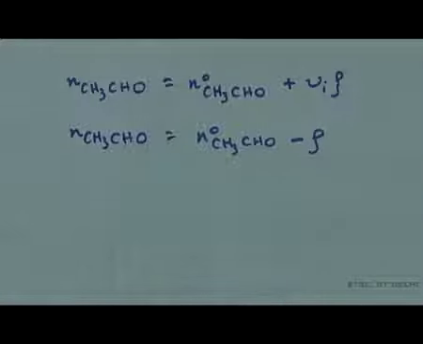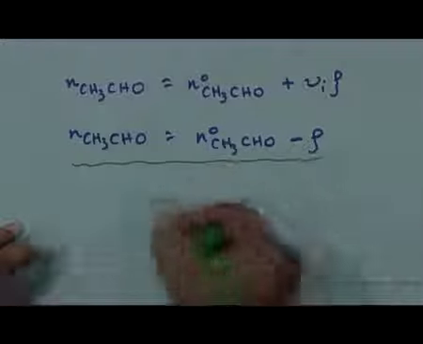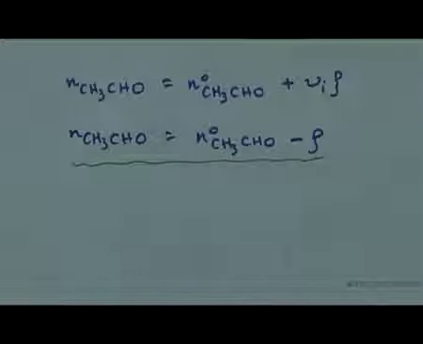The value of nu i is 1, and because you are losing acetaldehyde as a function of time, its sign is negative. This is important for the setup of the problem, or the way we are going to work with it.